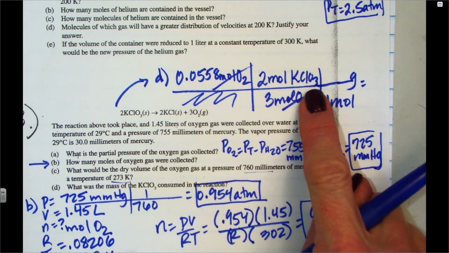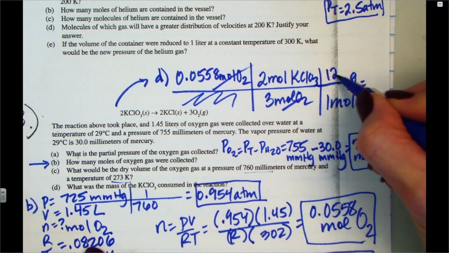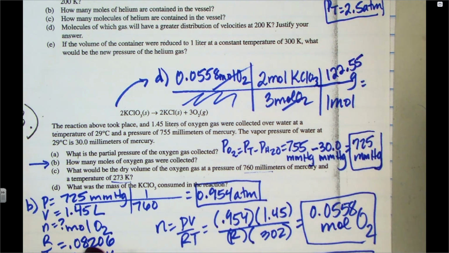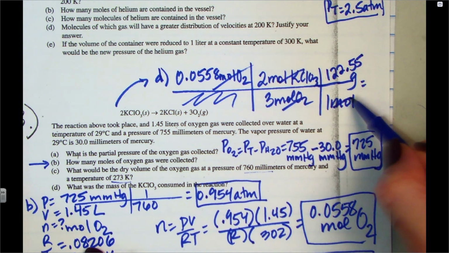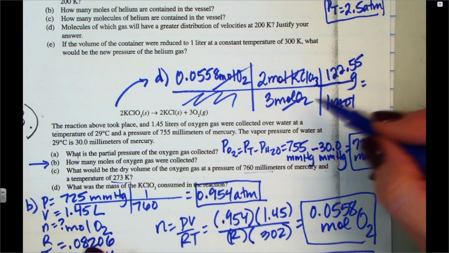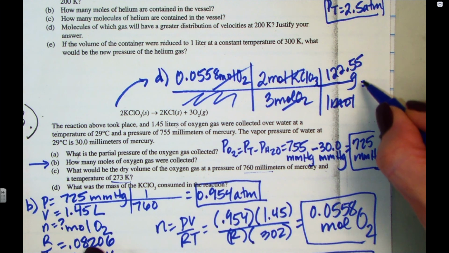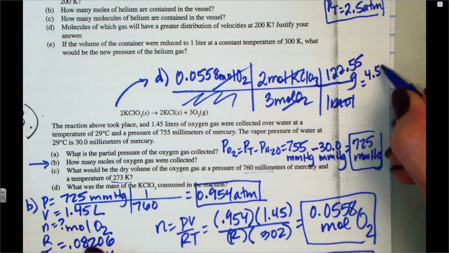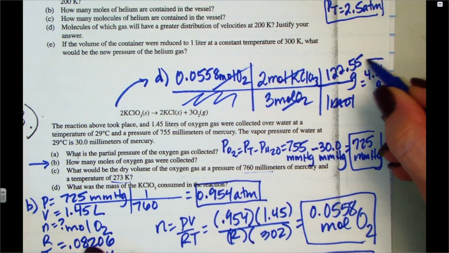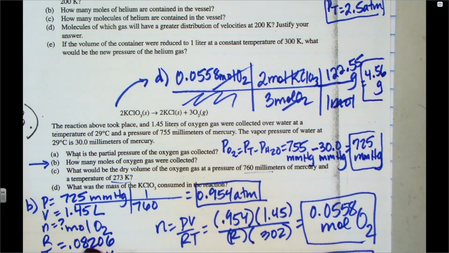And so for that, if you add up the potassium chlorate's molar mass, I got 122.55 for that. And that lets the grams of KClO3 cancel. I'm going to round that to 3 sig figs. That gave me 4.56 grams of the KClO3.